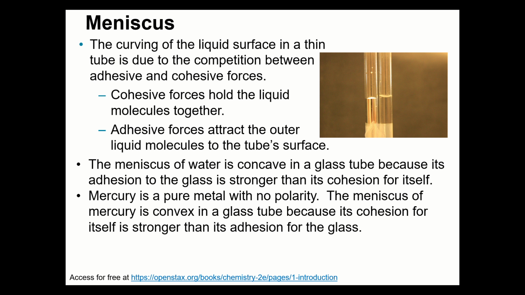Mercury is going to have a convex shape. It's going to have that curvature up this way. So this is your mercury on the left-hand side. But for things like water, you'll see that it's concave down.